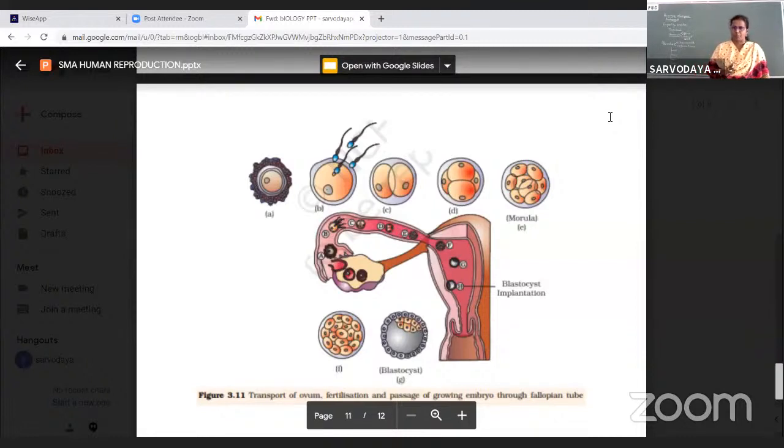That's a function. What is the first function? It is going to help in the supply of oxygen and nutrition to the developing embryo, from the mother. So the first function of the placenta is to help in oxygen and nutrient supply to the embryo.